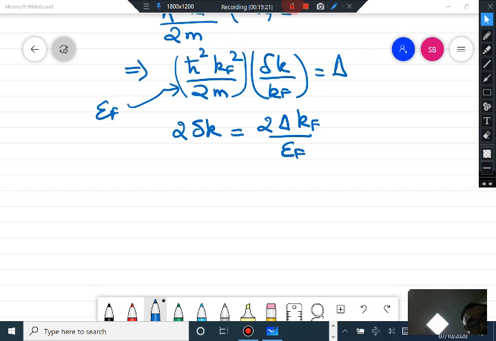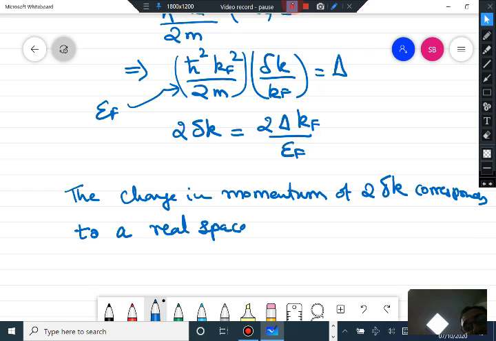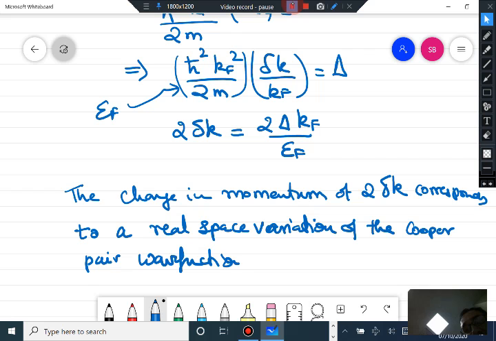Now the argument is as follows: the change in momentum of 2δk corresponds to a real space variation of the Cooper pair wave function by, let's say, δx.